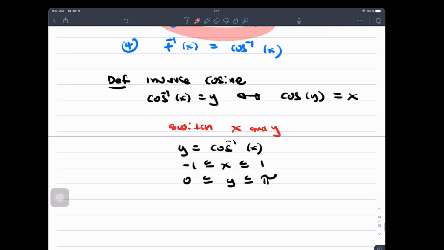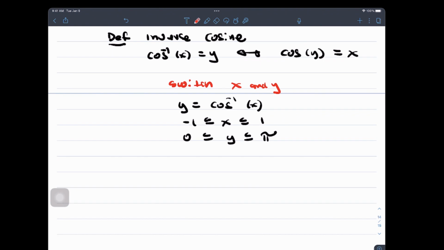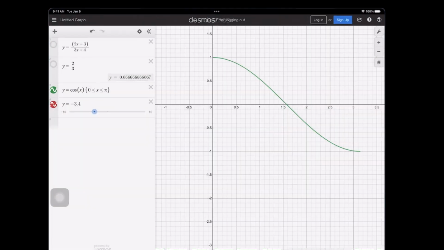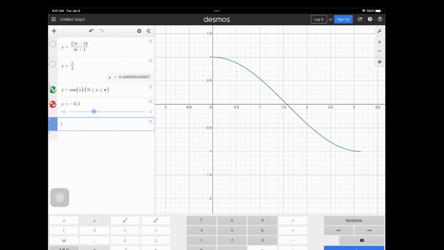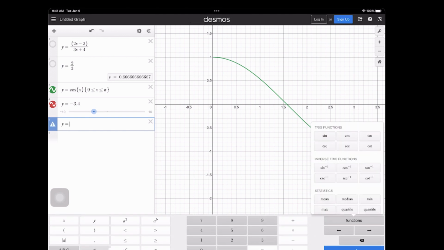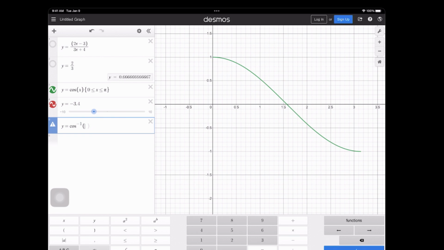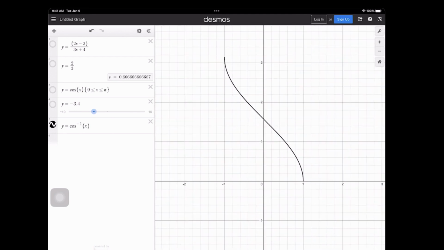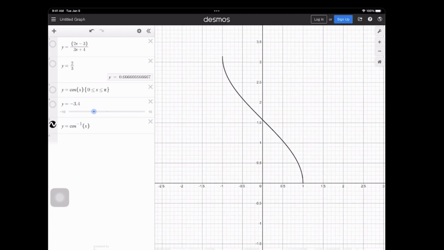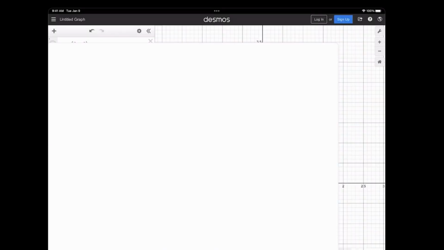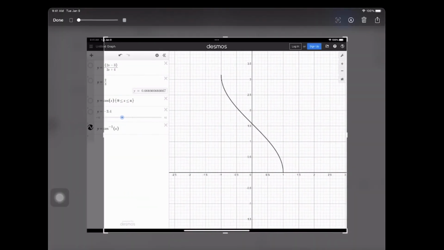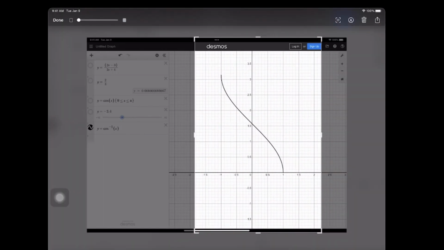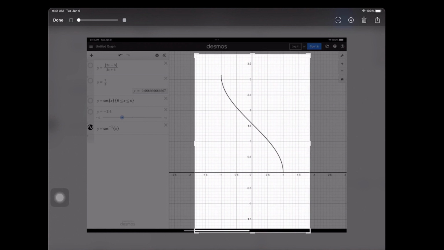If you said to me, then what does that inverse cosine function look like? Well, Desmos is going to tell you. Here we go, Desmos. This is that new curve now. These are additional curves in your life that never existed until today or this week or last week.